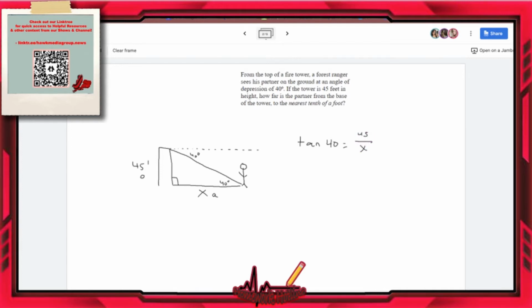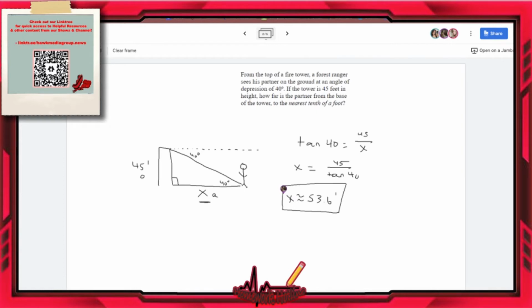Rearranging for x, it becomes x equals 45 over the tangent of 40. Dividing that, x is roughly, to the nearest tenth of a foot, 53.6. That's this measure here, and that's what we're being asked to find. So that answers the first problem.